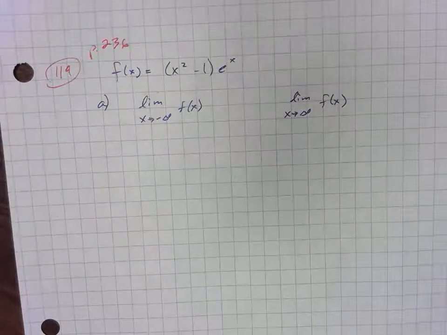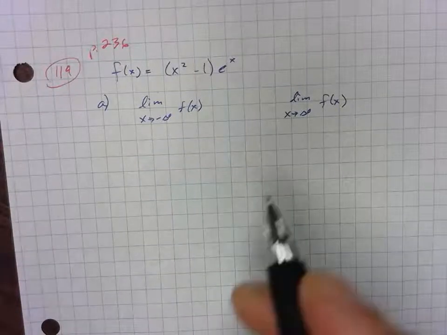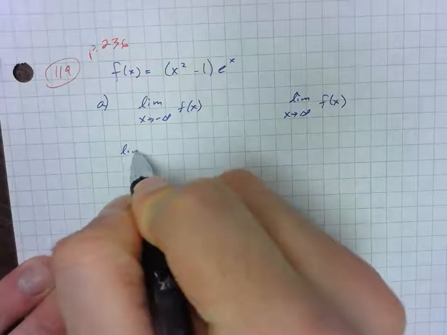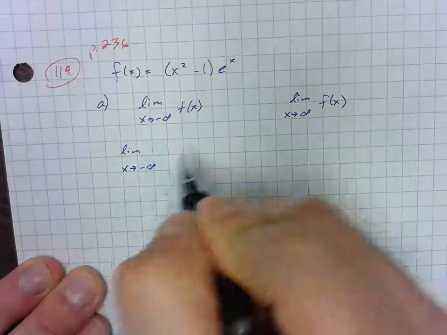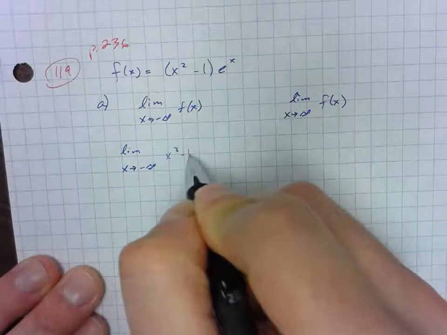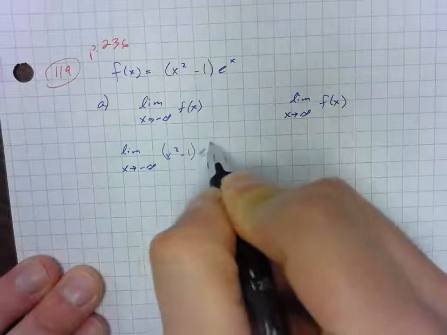All right, so in doing this problem, I tried direct substitution. So I said that this is the limit as x approaches negative infinity of, instead of f of x, we're going to write the actual function, x squared minus 1 times e to the x.